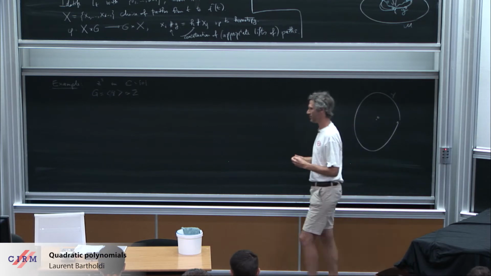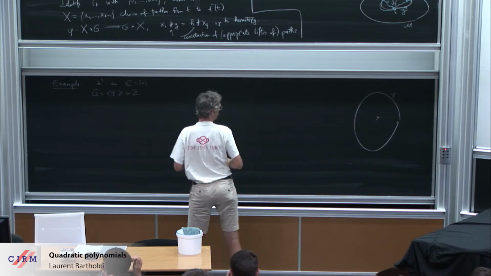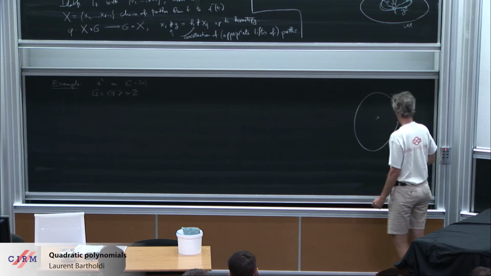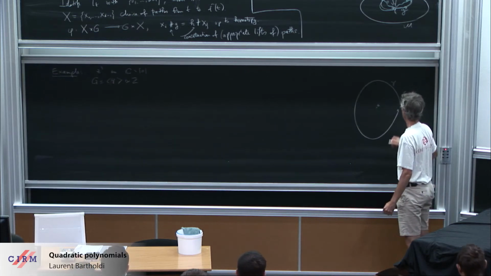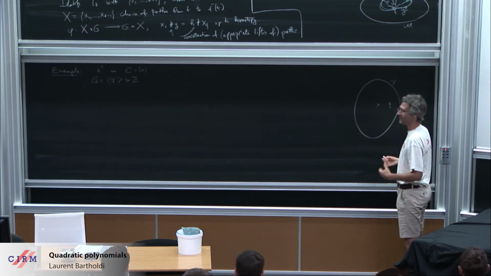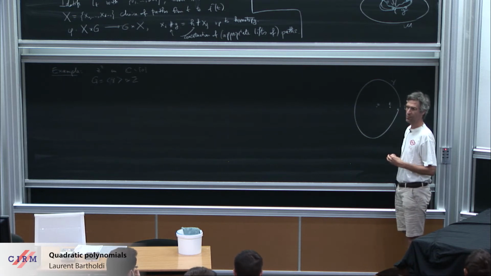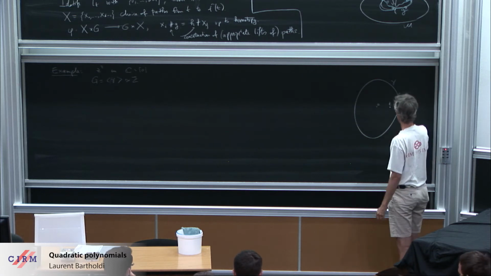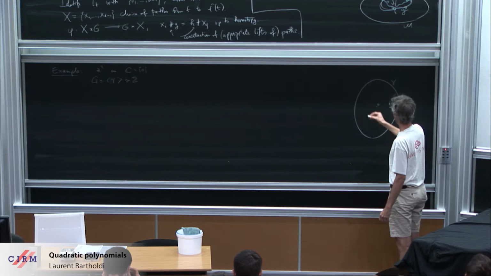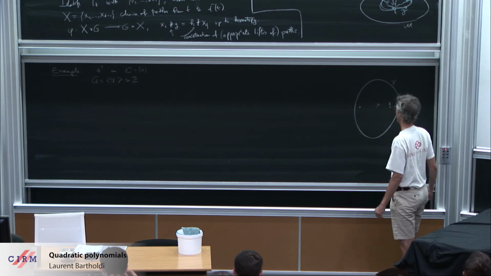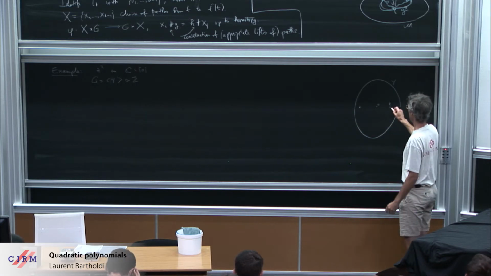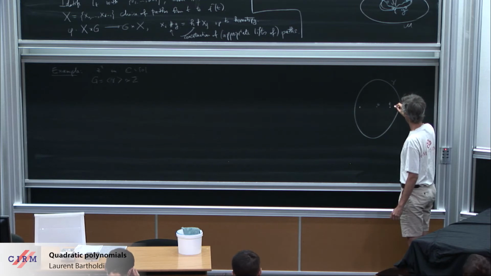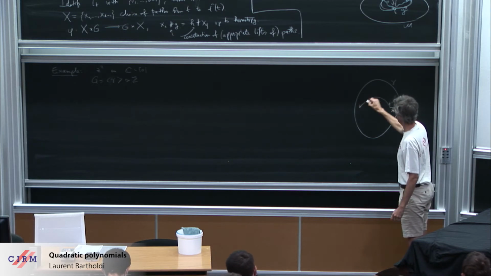And there's the puncture. I must choose a base point somewhere. So let's choose it here, for example, t. Then t will have two preimages, the square root of t somewhere here, and minus the square root of t. And now a choice of a basis will be an x0 here, and maybe an x1 here.